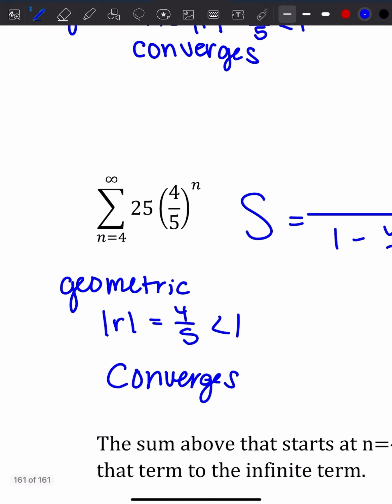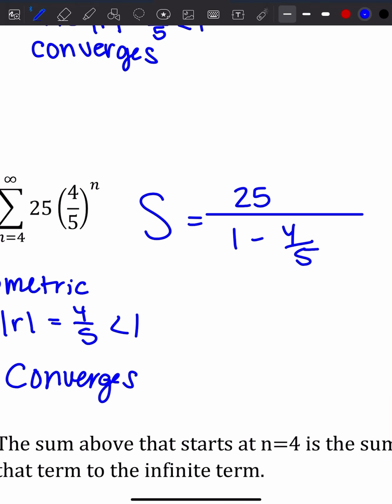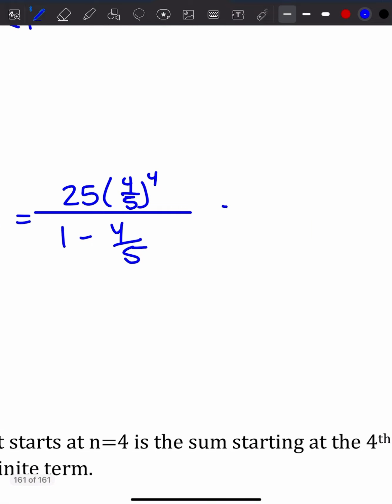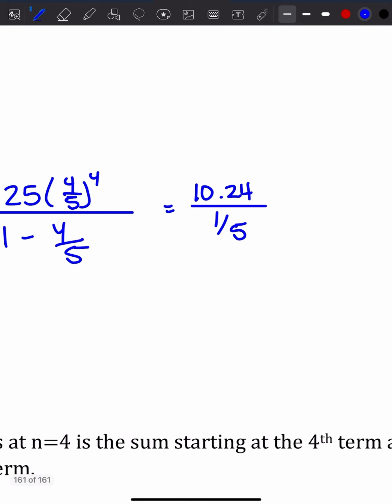Our first term, we're plugging in 4 this time, so we have 25 times 4 fifths to the 4th power. If we figure out what that is, that happens to be 10.24 divided by 1 fifth. And if I figure out 10.24 times 5, because it's the same thing as dividing by 1 fifth, that's going to equal 51.2.